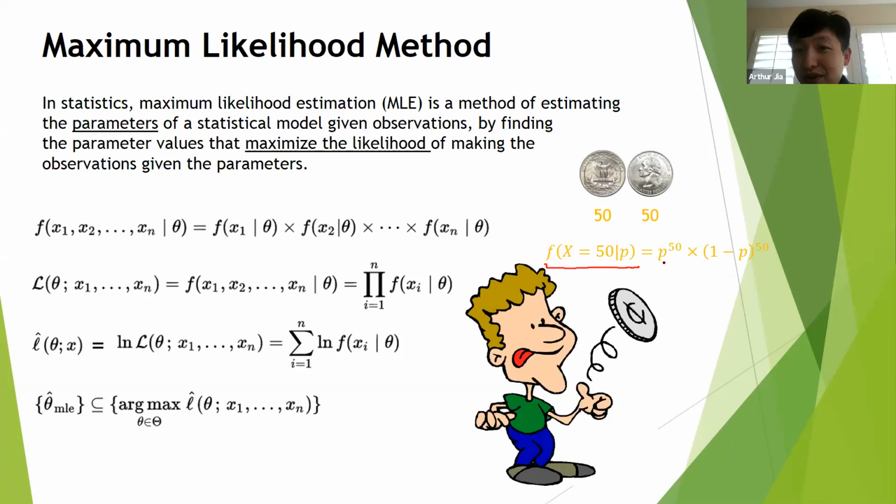This is the joint probability for the experiment, right? Now for this experiment, we have 50 successes and we have 50 failures, right? For the joint probability, if we treat each toss as an independent event, then we can simply multiply the probability for each toss to get the joint probability.